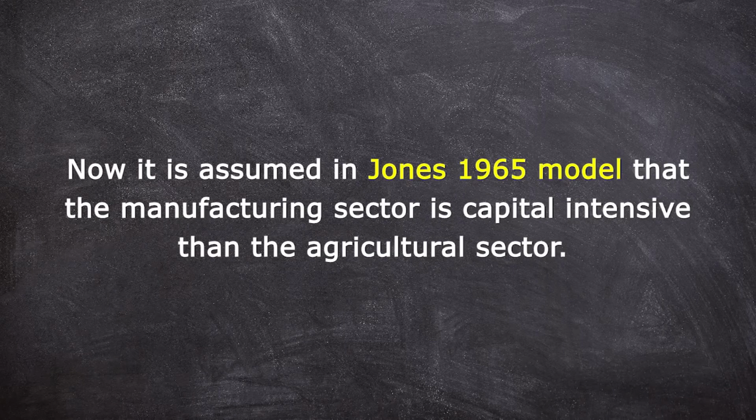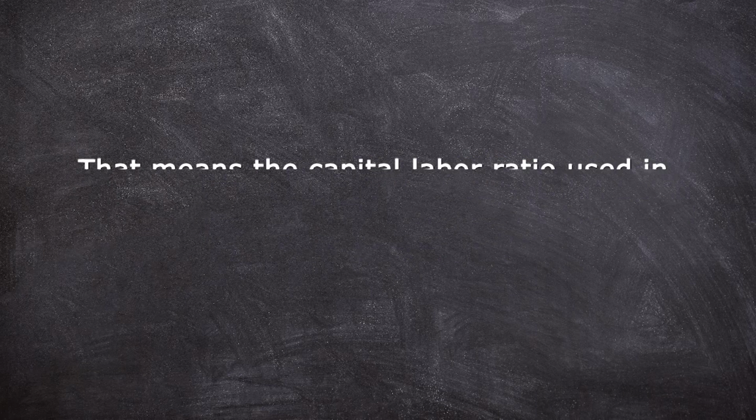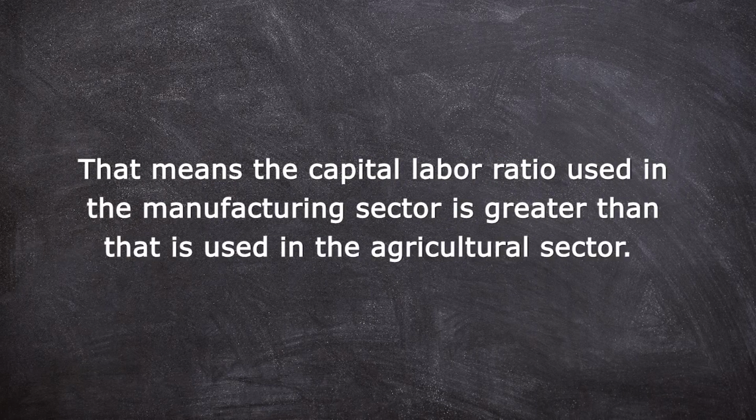Now it is assumed in Jones 1965 model that the manufacturing sector is more capital intensive than the agricultural sector. That means the capital labor ratio used in the manufacturing sector is greater than that used in the agricultural sector.